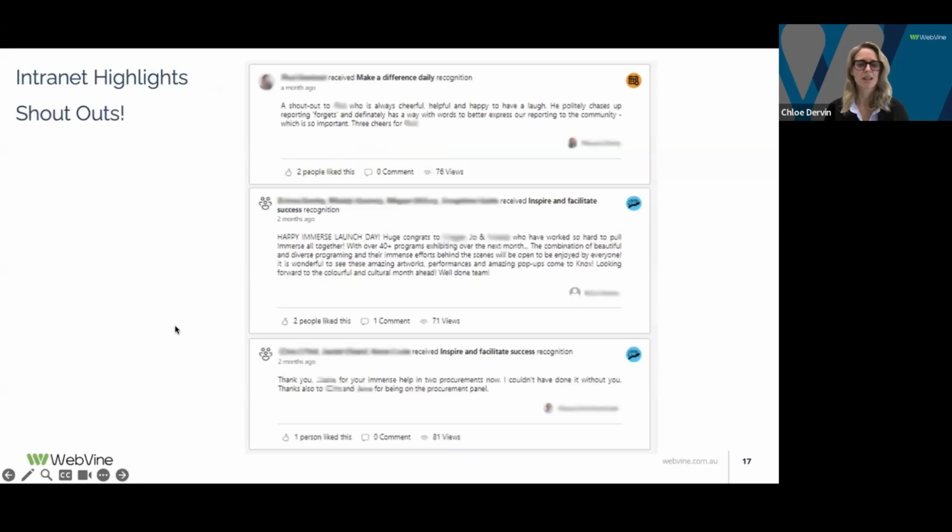That's fantastic. On reflection, it's been quite a radical transformation of simplification and creating a new intranet which has made it easier to find information.